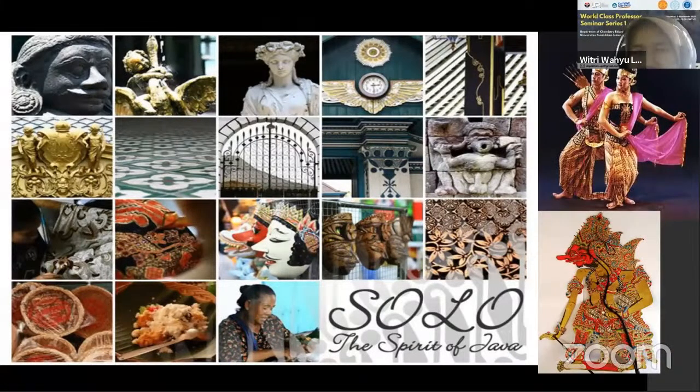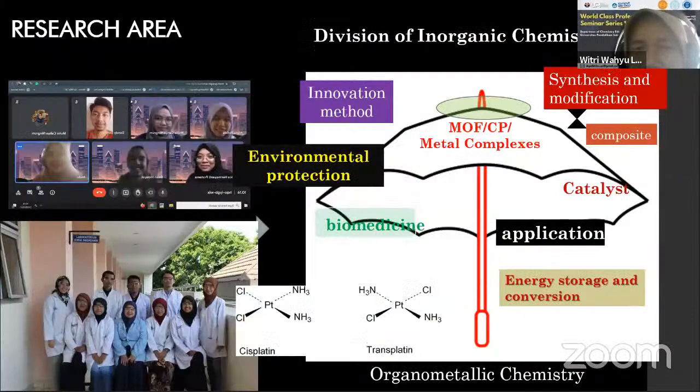I am working in the division of inorganic chemistry, and my specialization is in organometallic chemistry. After I came back from Germany, I have been working in the field of metal complexes, metal-organic frameworks and coordination polymers.